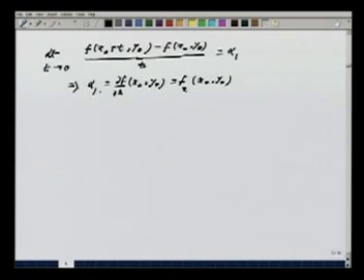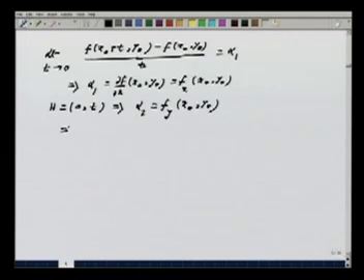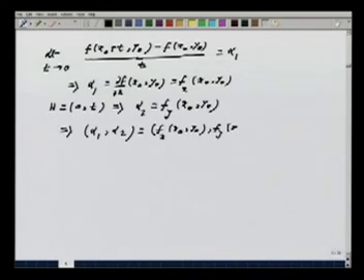The exactly similar kind of argument by choosing h equal to 0, t implies that alpha 2 is fy at x naught y naught. This implies finally that the vector alpha 1, alpha 2 is actually given by fx at x naught y naught, comma, fy at x naught y naught.